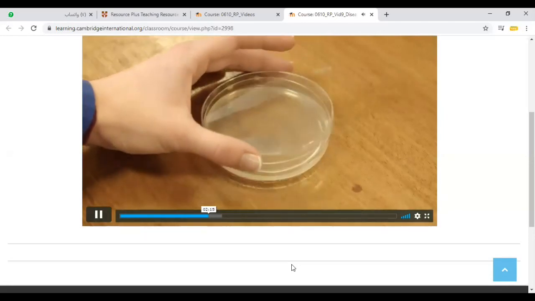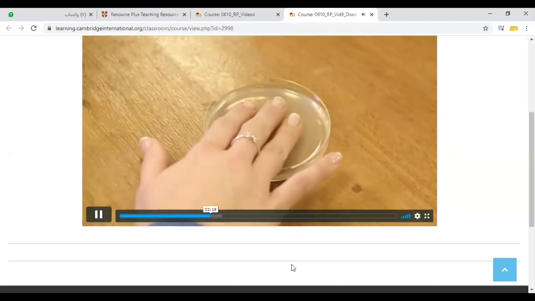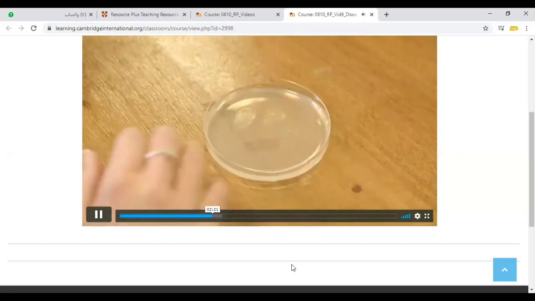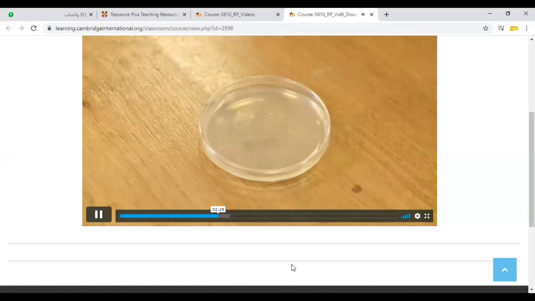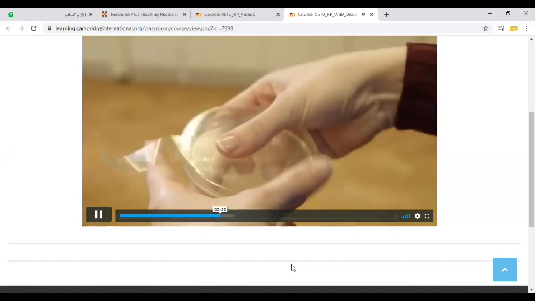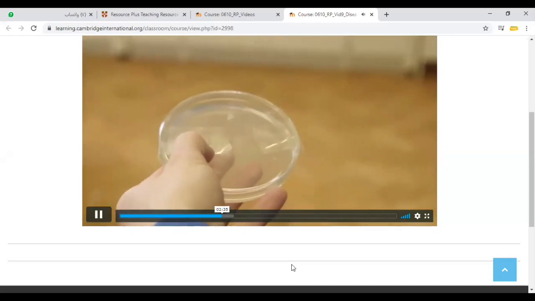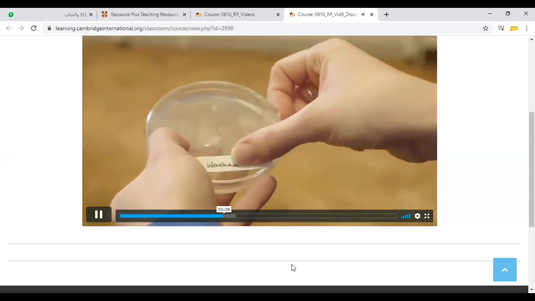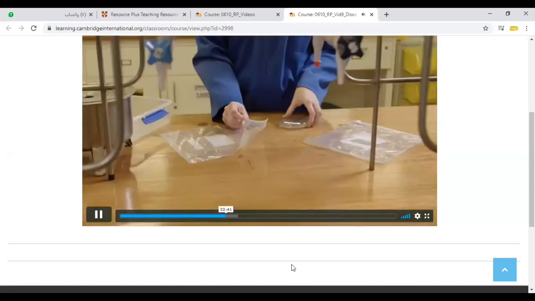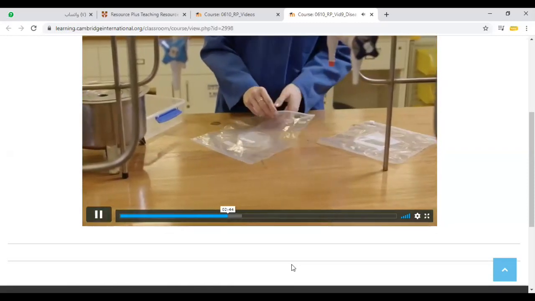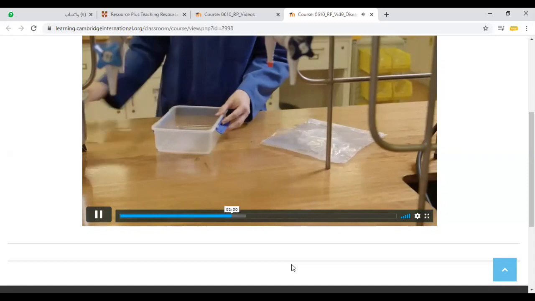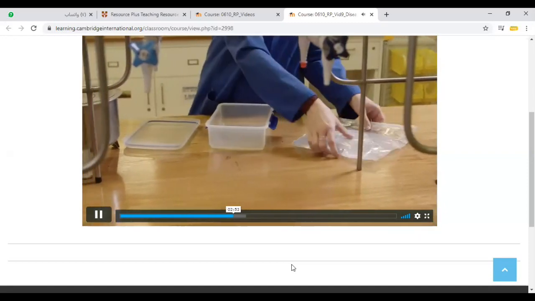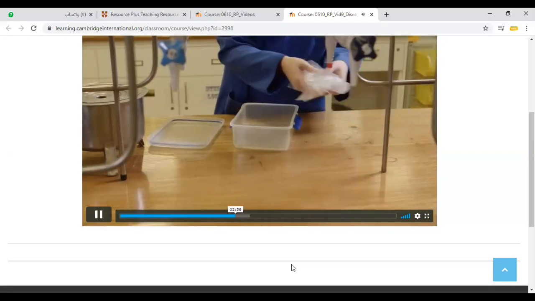Hands are dried thoroughly and the same 3 fingers as before are pressed onto the agar of the second Petri dish. The same fingers being used is a control variable. The Petri dish is sealed on 2 sides using adhesive tape as before, making sure that the seal is not all the way around. The sample is labelled washed. The samples are placed in a sealed container and left for at least 24 hours at room temperature, which is about 21 degrees Celsius. This allows enough growth so that separate colonies can be counted, but not so much that the plate is overcrowded.